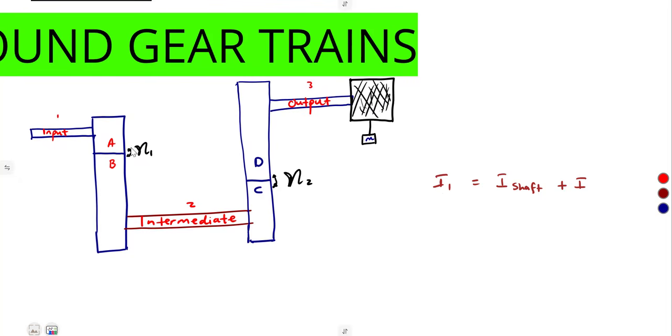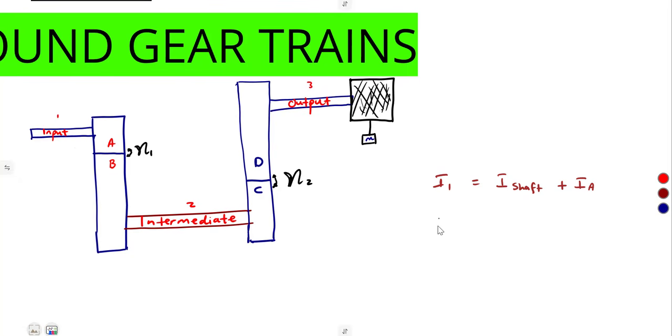Gear A. You are focused on the input. So it must take that of the shaft and that of A. But if they say this is combined, everything, the shaft and that of A combined, then there's no need for you to use the formula. You just take your I1 as it is on the input.